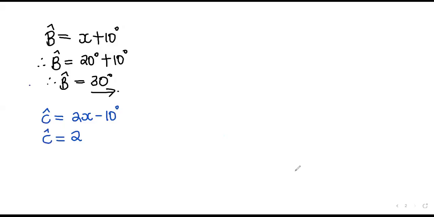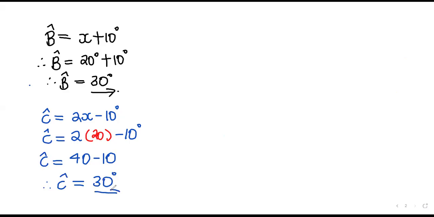Since x we got 20, we're going to say open bracket 20 degrees minus 10, just like that. Then you're going to say angle C equals 2 times 20, that should give you 40 minus 10. Therefore, the size of angle C equals 40 minus 10, that should give you 30 degrees.